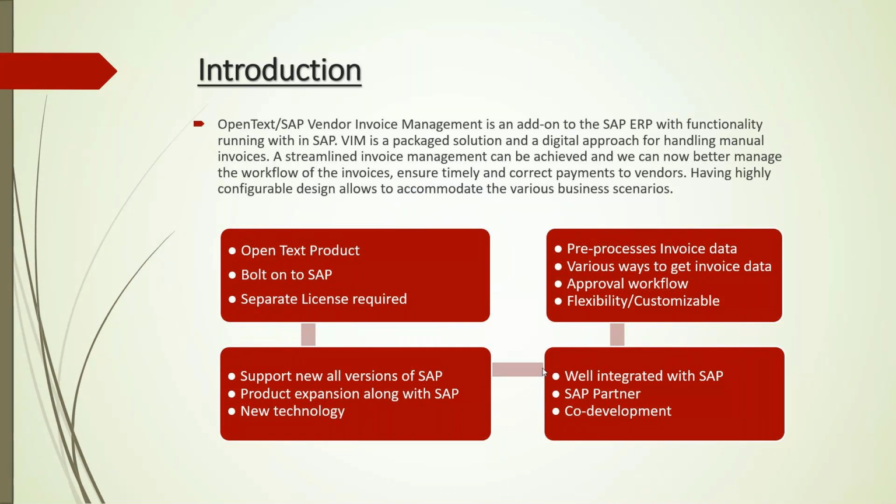With the new changes coming up in the SAP environment, whatever product enhancements SAP brings, or whatever comes because of legal requirements, in both cases the solutions are developed together, or in other words, co-developed. Whatever SAP builds on the SAP side is shared with OpenText, and based on that, OpenText builds its own solution to support those requirements.